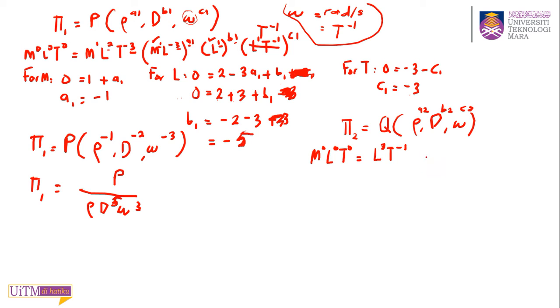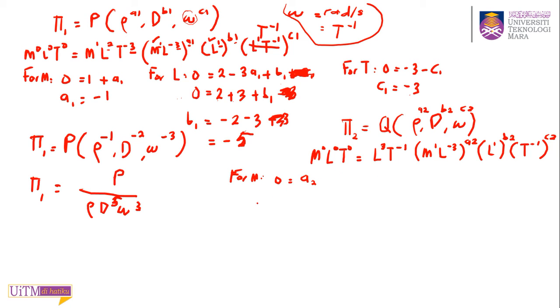QAV. Okay, and now rho, again rho is M1 L minus 3 to the power A2, and D is L1 to the power B2, and omega is T minus 1 to the power C2. Do again the same for M, L and T. So for M, 0 equal to, there is one M, A2, so A2 is 0.